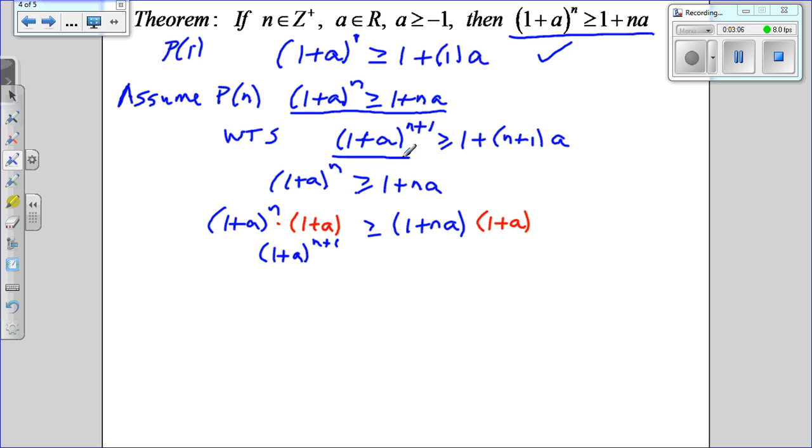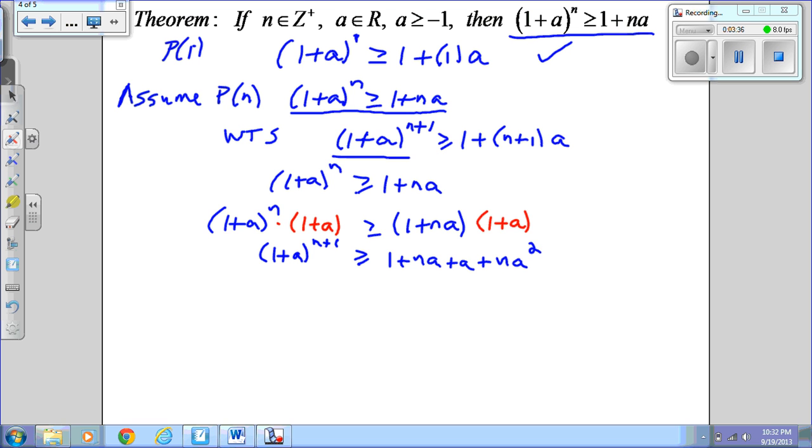And on the right-hand side, we can't avoid it, we need to FOIL. If you multiply those two binomials on the right side, the product of the first terms gives you 1. The product of the inside terms gives me na. The product of the outside terms gives me a. And the product of the last terms gives me plus na squared.